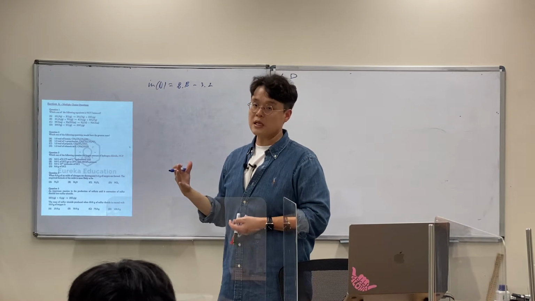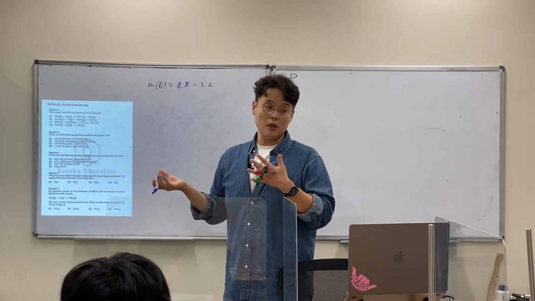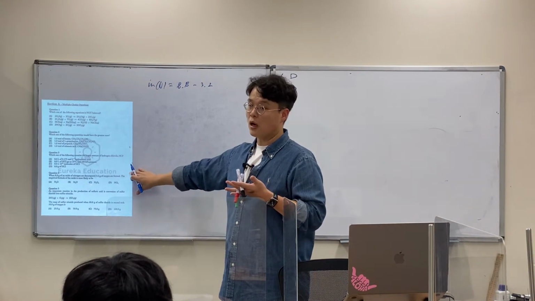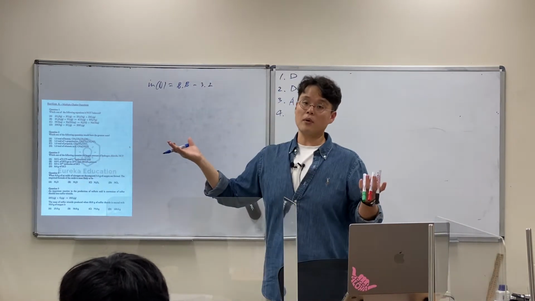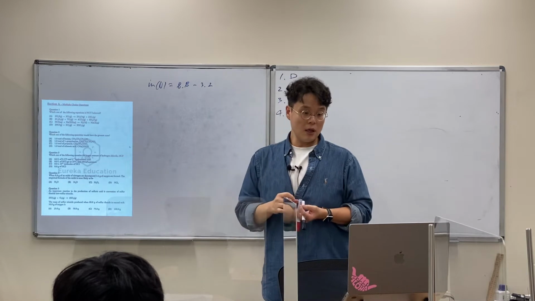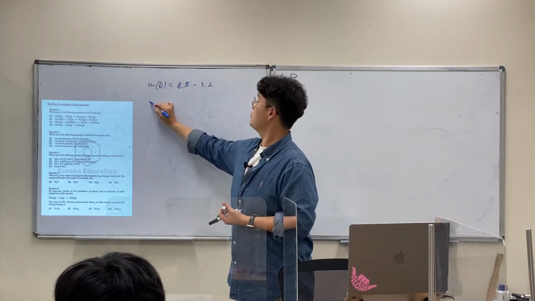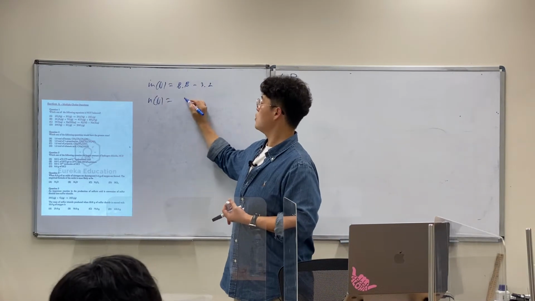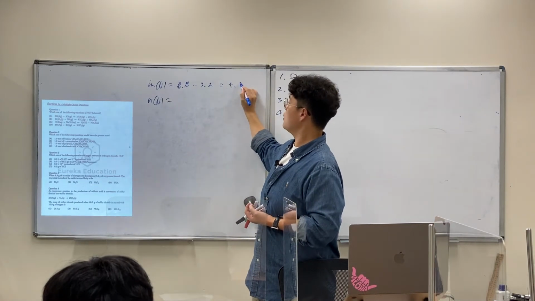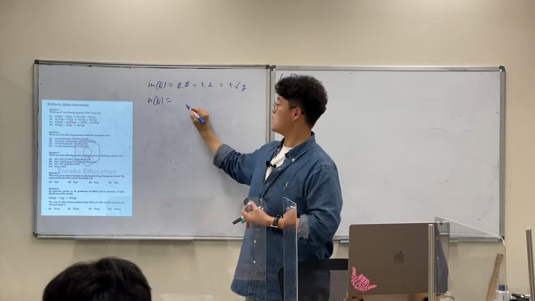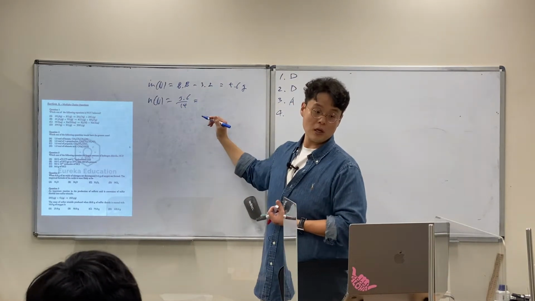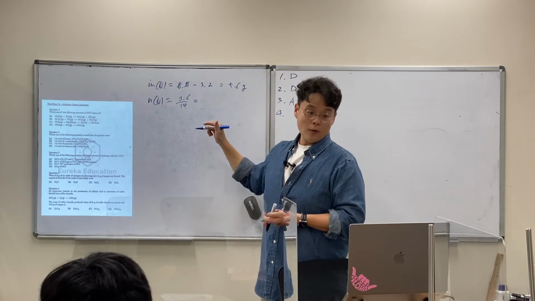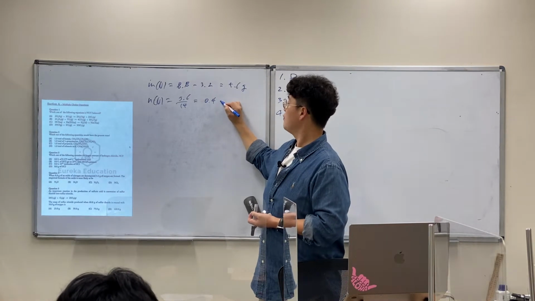Oxide of nitrogen means it's a combination of nitrogen and oxygen. We're given the mass of the oxygen, so by deducting that value from the total, we get the mass of the nitrogen. From here, we can find the number of moles. That will be 5.6 grams, so 5.6 divided by 14 gives 0.4 moles.